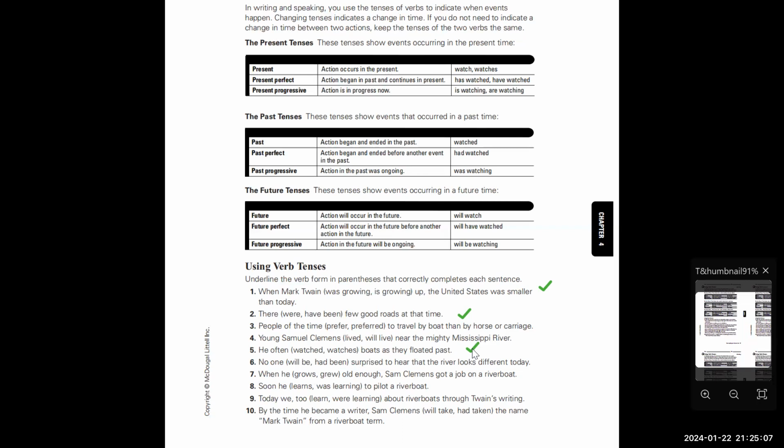Like you did something and it ended before another thing happened. Can you see that in number six? Can you see two actions that happened? Which one?